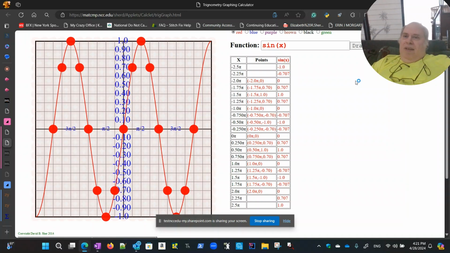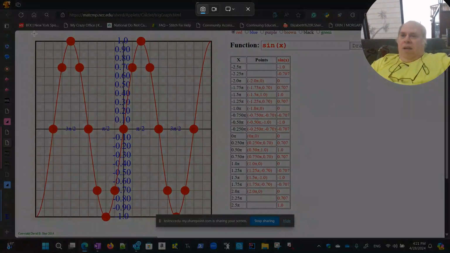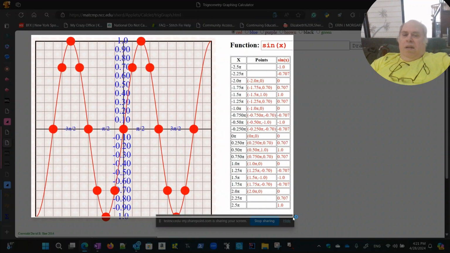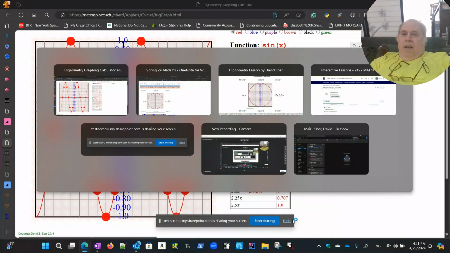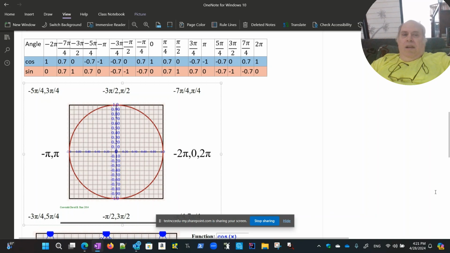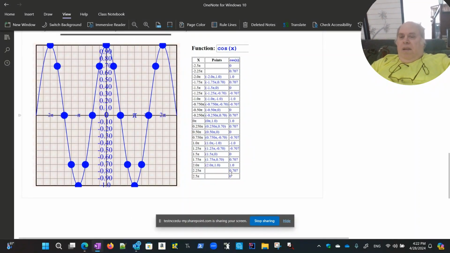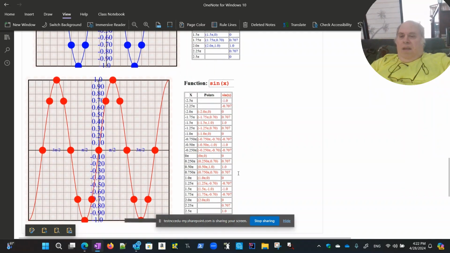I just have limited space to graph right now. I'll put this whole thing in our notes as well. Put that down here. There we go.